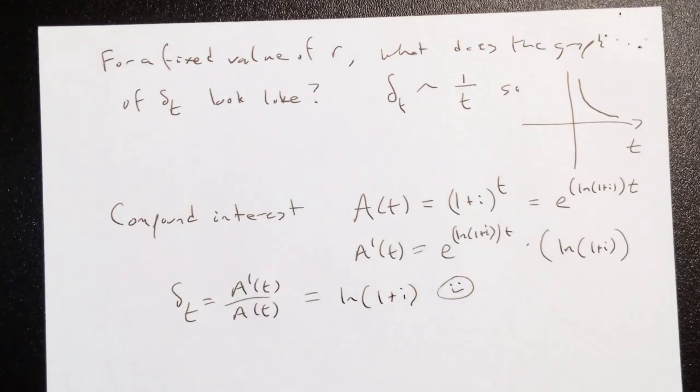That's just a number. Which means, compared to the simple interest case, simple interest gets less forceful as time goes on. Compound interest stays the same as time goes on. It's more powerful. It's constant as opposed to a decreasing function.